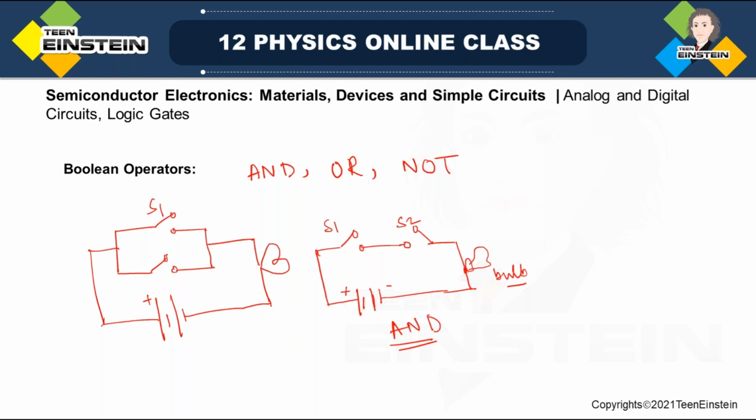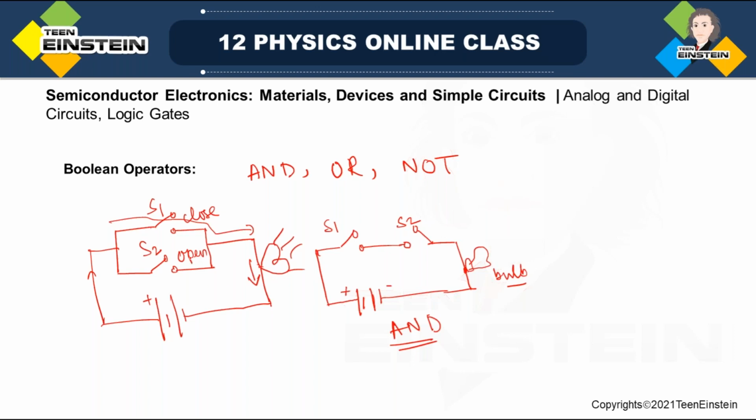Look now, this is S1 and S2. So when will the bulb glow, can you guess? See, suppose this is open and this is closed. Then the whole current will flow this way, but the current is not interrupted. That's why the bulb will glow.